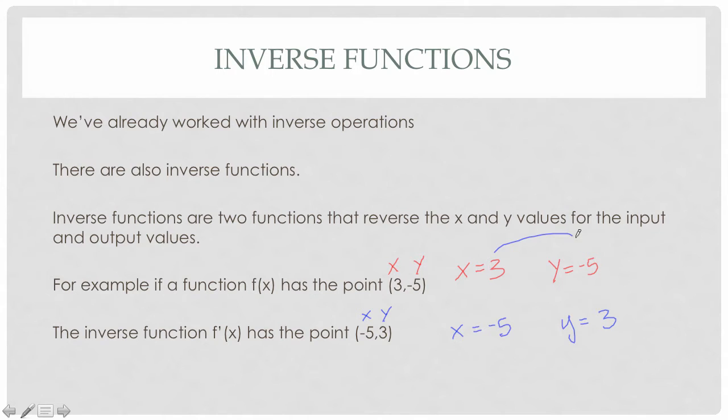Notice this 3 turned into negative 5, but here I've got this negative 5 turned into 3. Those are opposite functions. One gets you back to what you started with. That's the opposite right there. That's what an inverse function is. The x and the y values are reversed. It gets me back to what I started with, and it just does the opposite sort of thing.